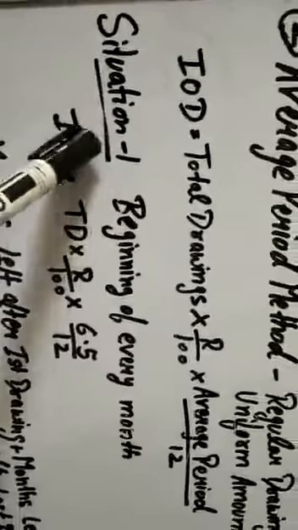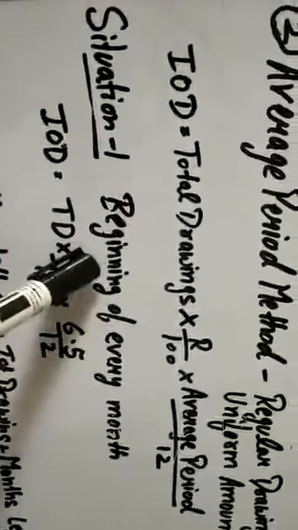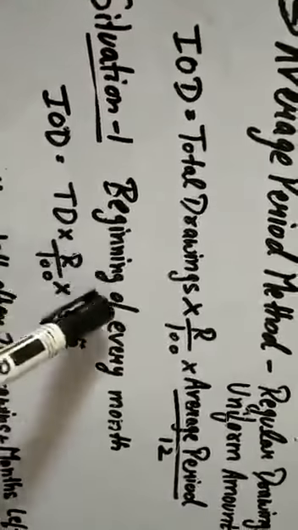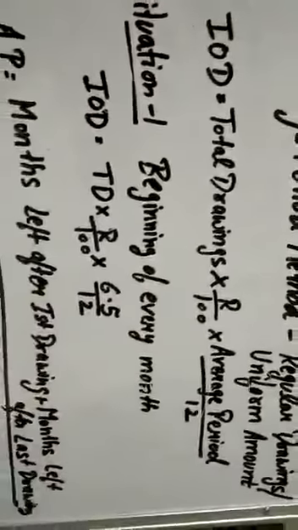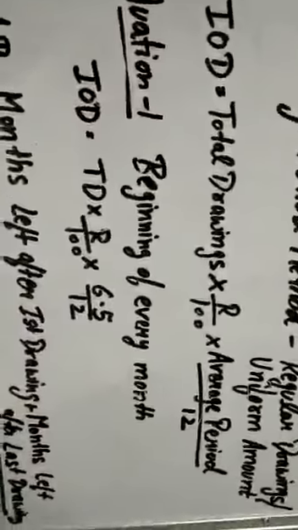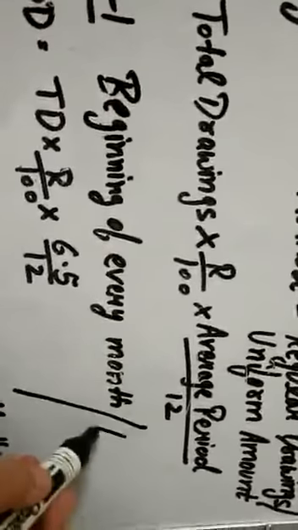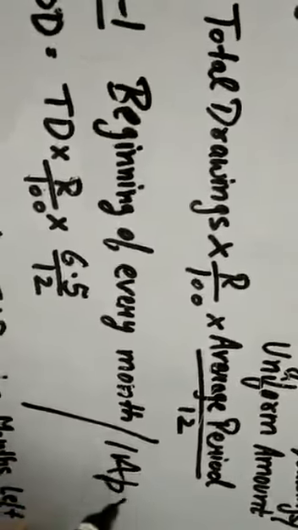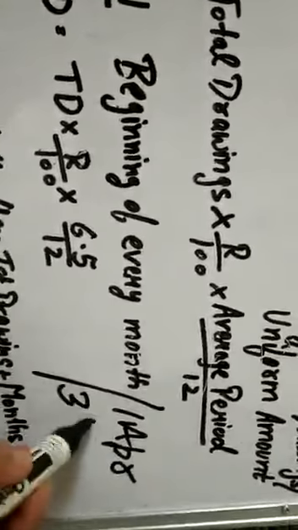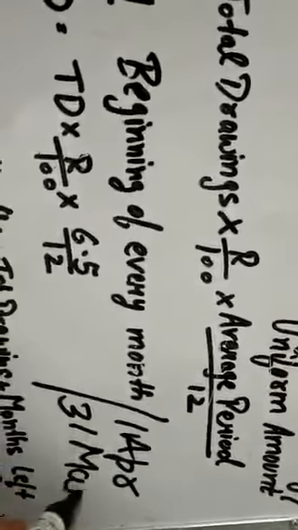For example, situation 1 is that the partner is withdrawing at the beginning of every month. So what is your year? Your year starts from 1st April and ends on 31st March, right?